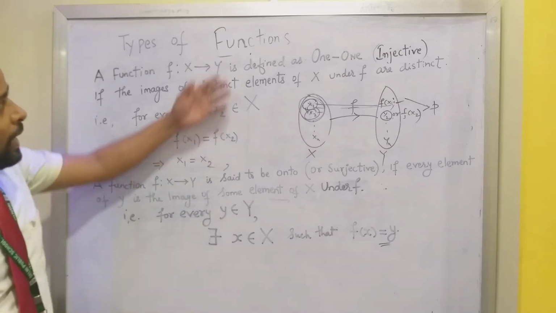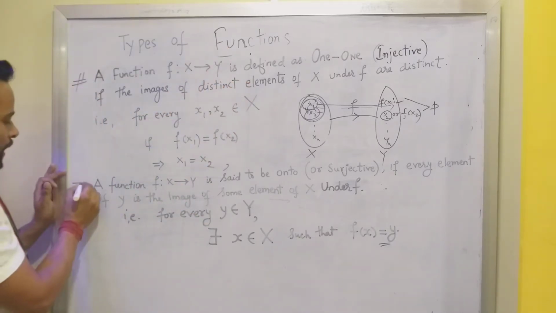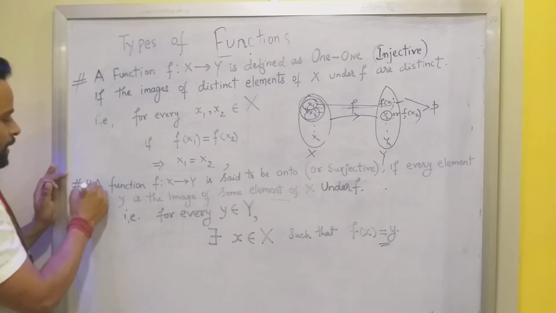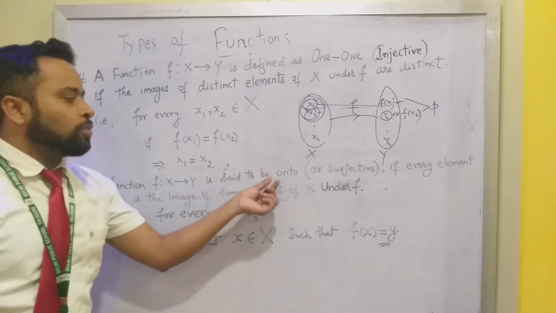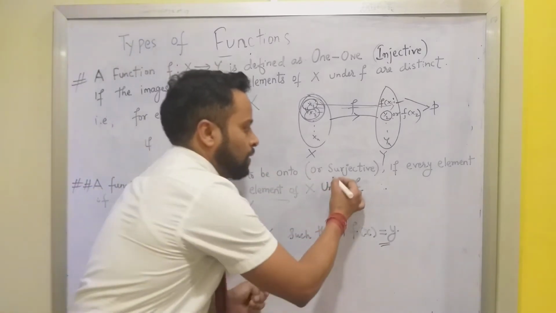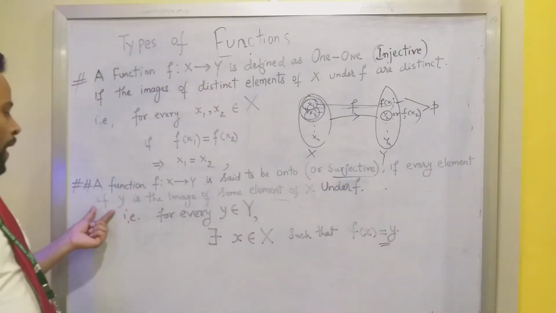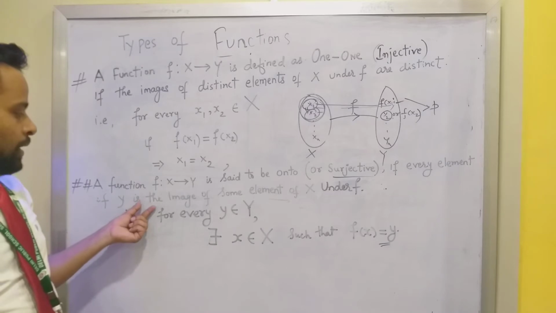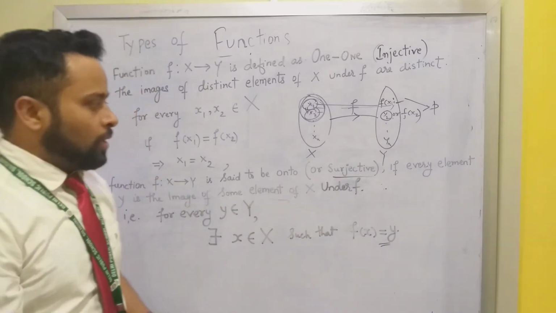Now the second type of function: a function f from x to y is said to be onto or surjective if every element of y is the image of some element of x under f.